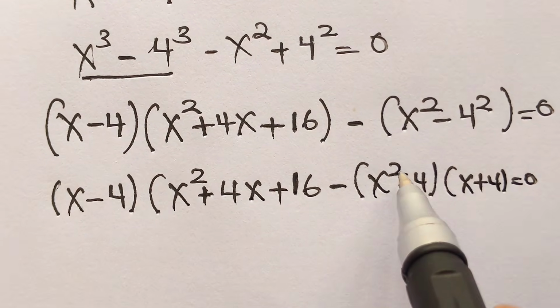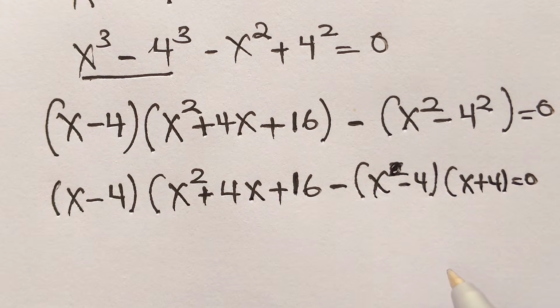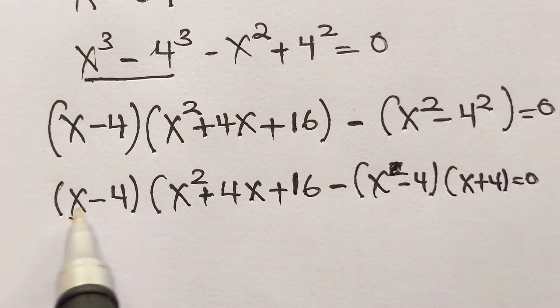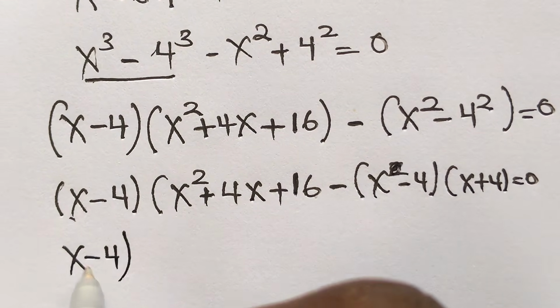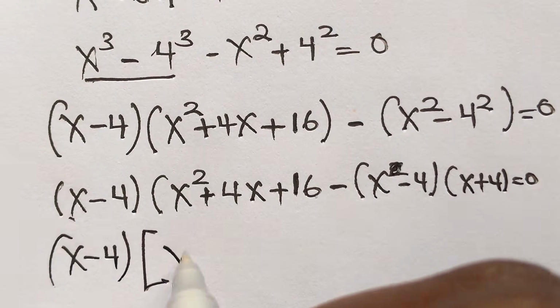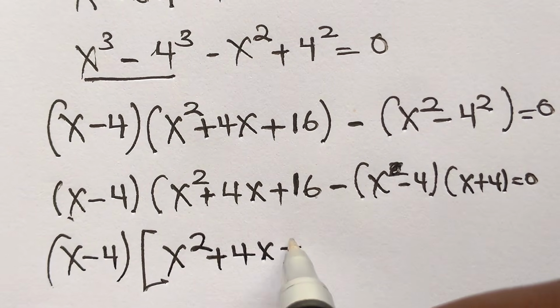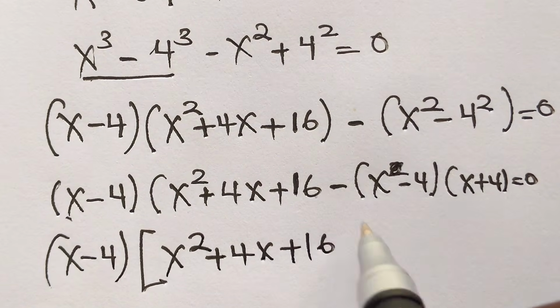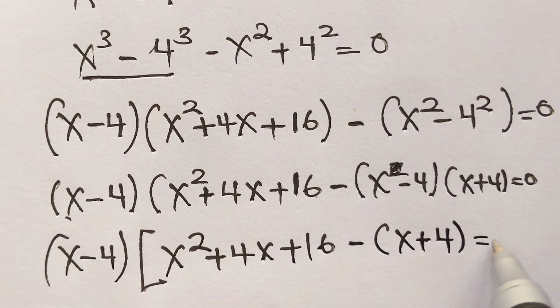Then this is x minus 4 times x plus 4. At this stage x minus 4 is common. We factorize x minus 4 to get x squared plus 4x plus 16, then minus x plus 4, which is equal to 0.